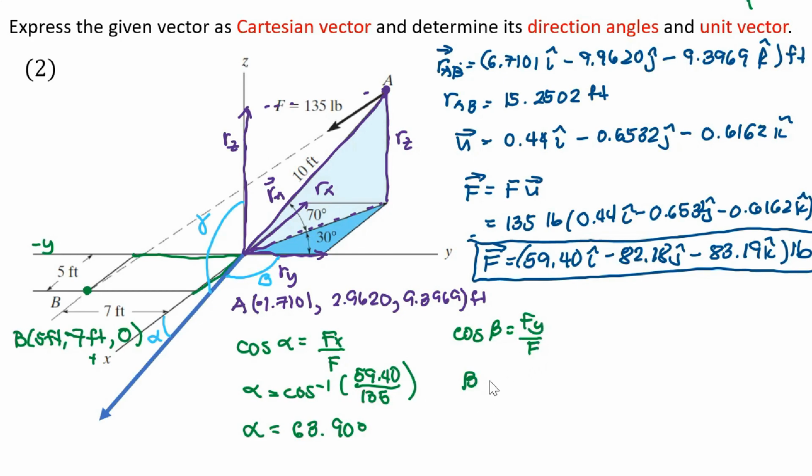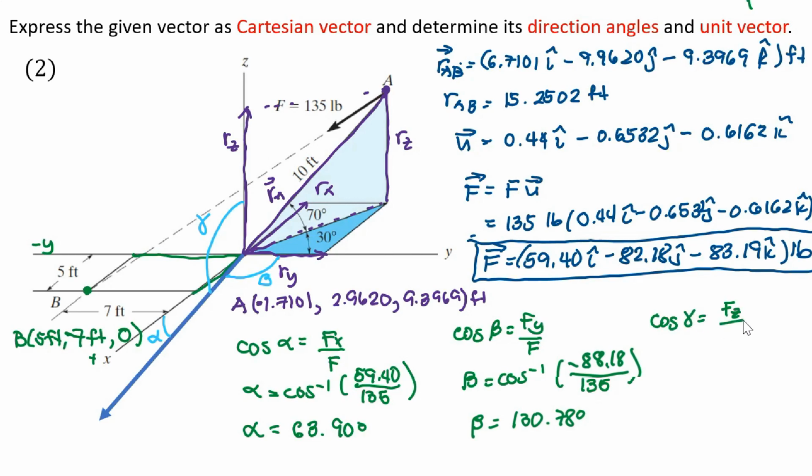So beta is the inverse cosine of negative 88.18 pounds divided by 135 pounds. So beta is 130.78 degrees. While for gamma, cosine gamma is Fz over the magnitude.